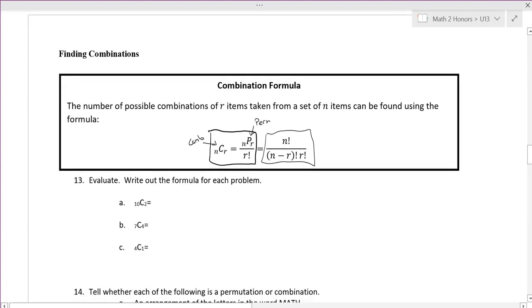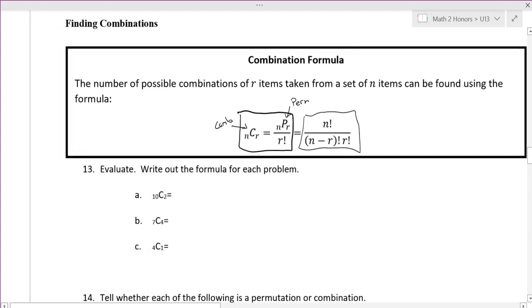So number 13, I think I worked through with you already, but if I didn't, or if I'm not remembering correctly, your answers should be 45, 35, and 4. And you just plug in n and r into that formula and it should work.